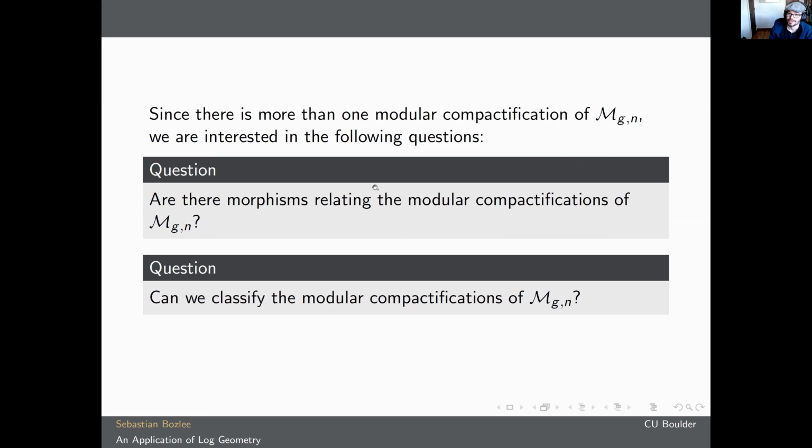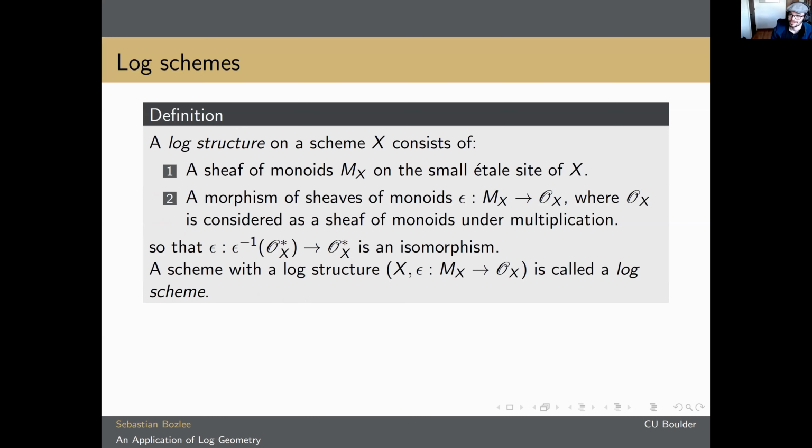All right. Now, in order to do that, the technology that I'm using is log geometry. And the basic definition here is the definition of a log scheme. This is technical, so I've put up the full definition. But if this is new, I'm not expecting it to be comfortable. So I'll just highlight what I want us to take from this.